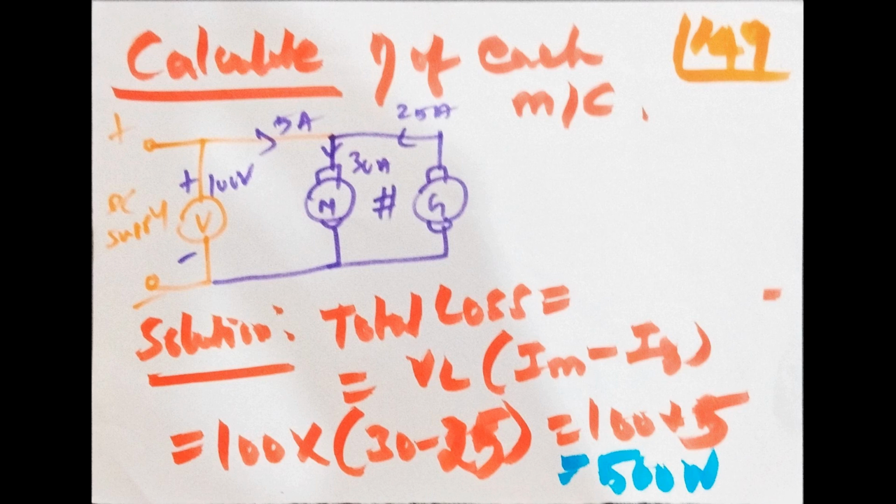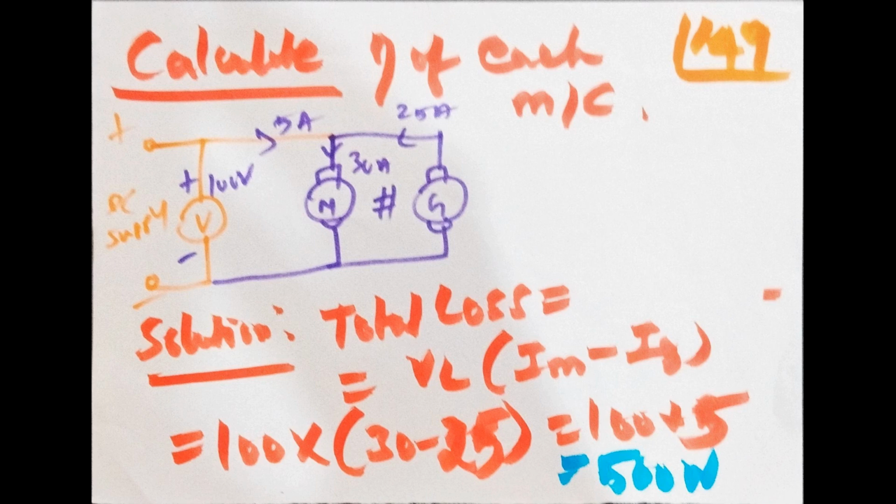Solution: from circuit theory, total loss is equal to VL into (IM minus IG). IG has a minus sign because it is in the opposite direction.